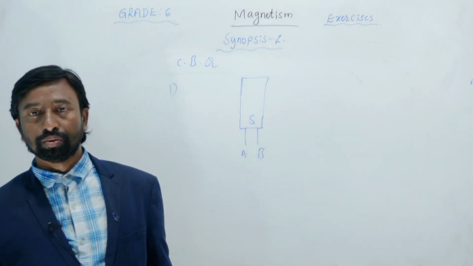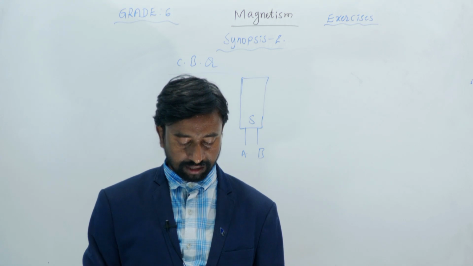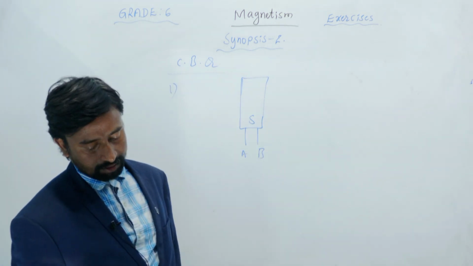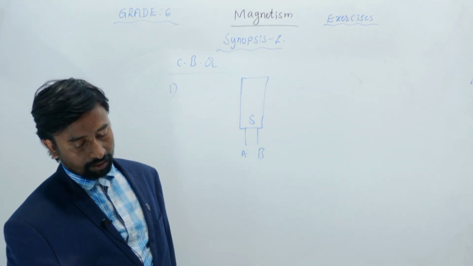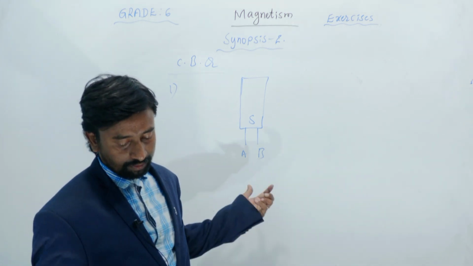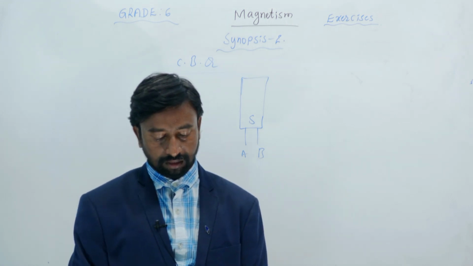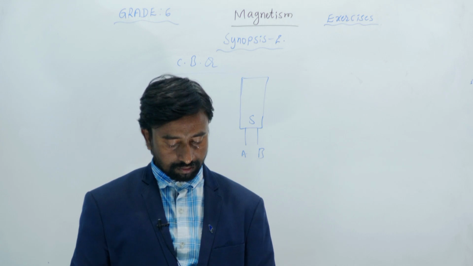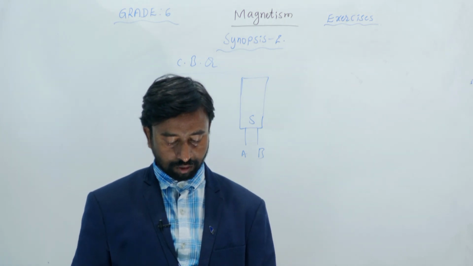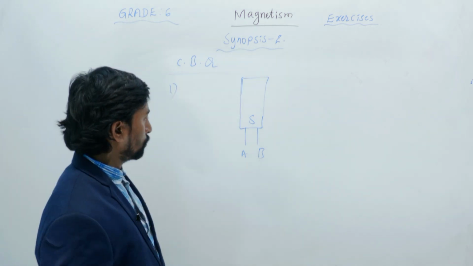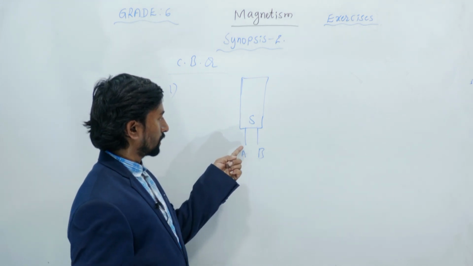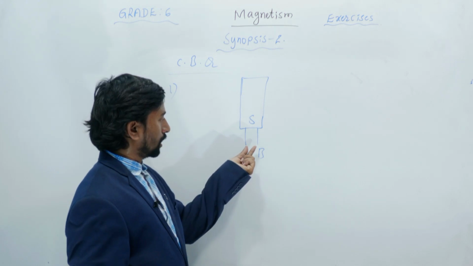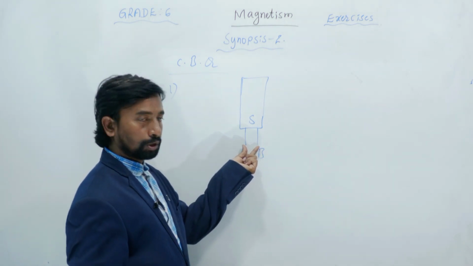Do the two pins stay as in the given figure, diverge outward, or converge inward? They will diverge outward, because the free ends of both pins act as north poles, and like poles repel.